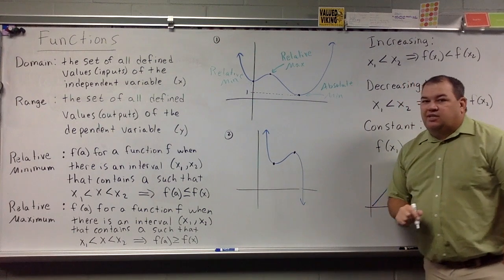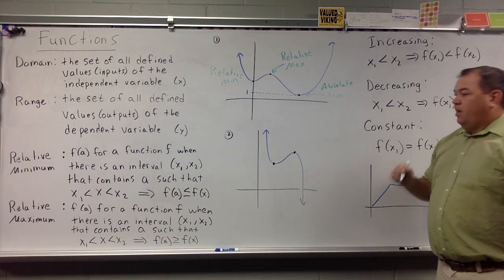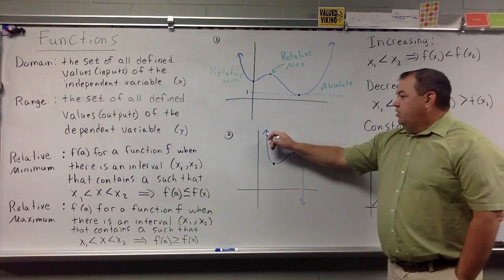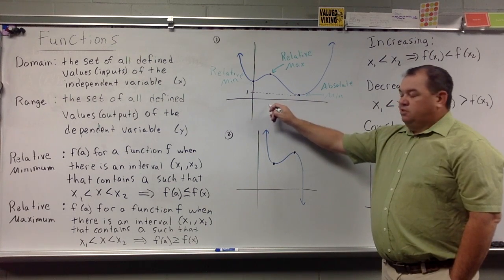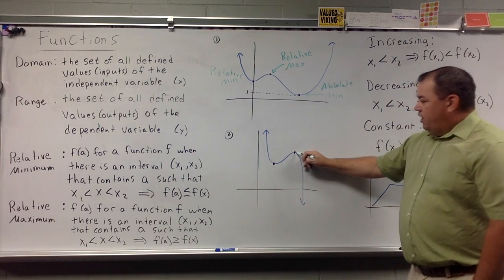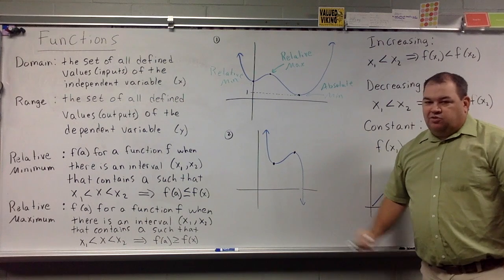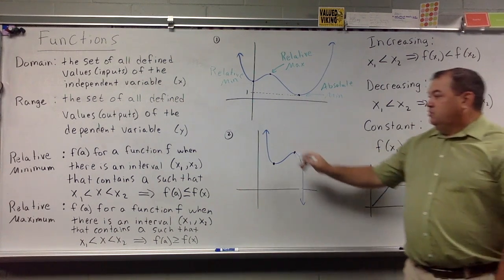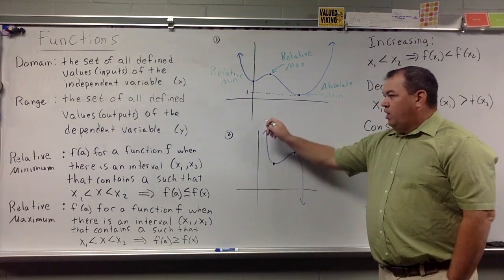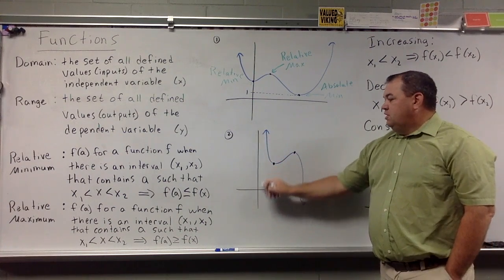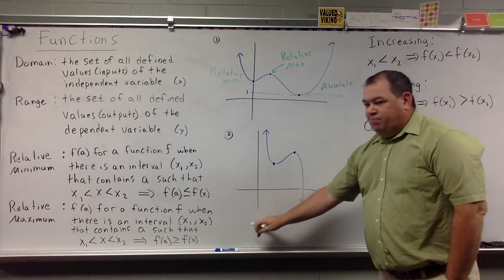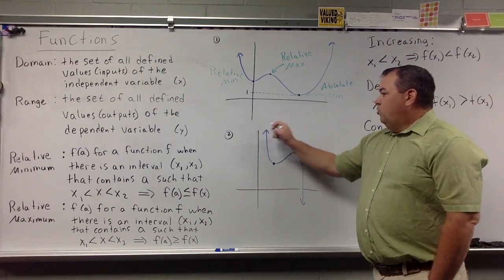So if you look at my second example here, I only have relatives in this one. I don't have an absolute maximum because this function continues on. I don't have an absolute minimum because it also continues on in the negative direction. So if we're thinking of this continuum of y values or ranges, it never gets to a bottom range or a top range.